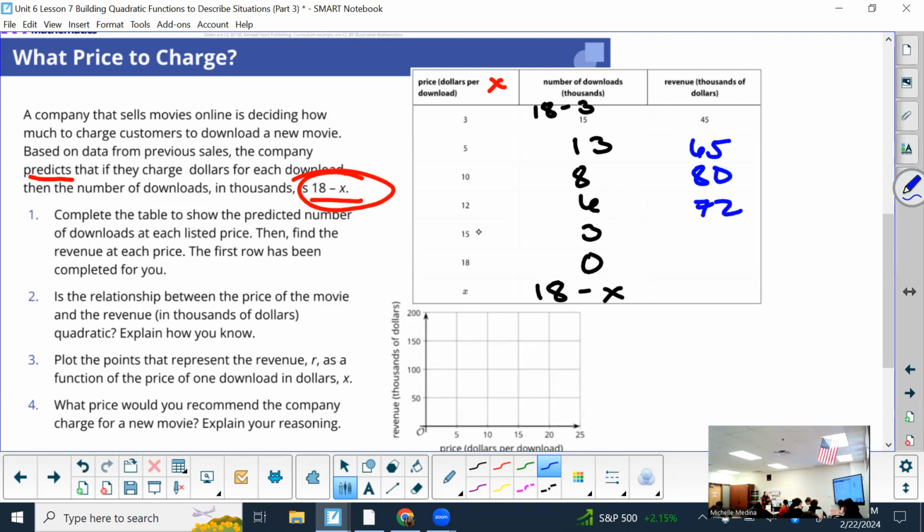Table 2, when the price is $15 per download? Table 3, when the price is $18 per download. Now that one's kind of an odd one, but no one's downloading it, so you won't make any money. So I guess that doesn't make sense.